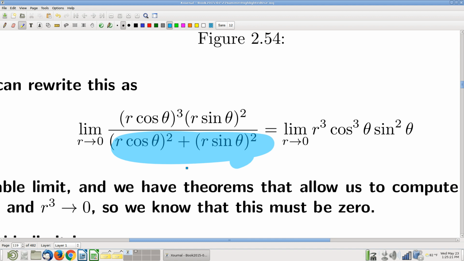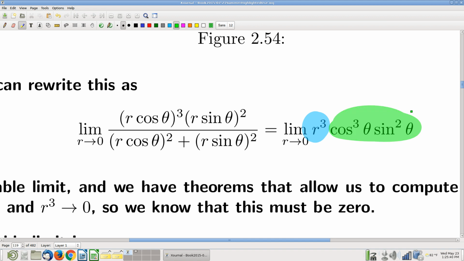That might not work out in another example. In which case, again, you're out of luck, probably. I mean, take a look at the peculiars of the situation, but it might not work out. And then lastly, the thing that is approaching 0, the rest of it might not be bounded.